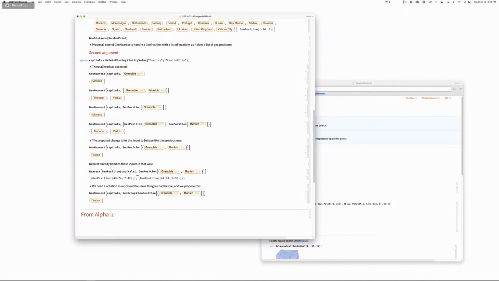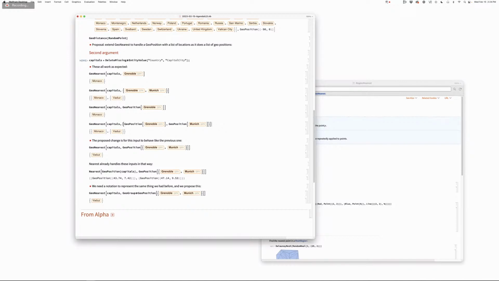More basically, you can see that with GeoNearest, when you thread the geopositions, it gives a different answer, right? Isn't that kind of the main problem case? Exactly. So you see that the result on the list and the one below it are different. Exactly.